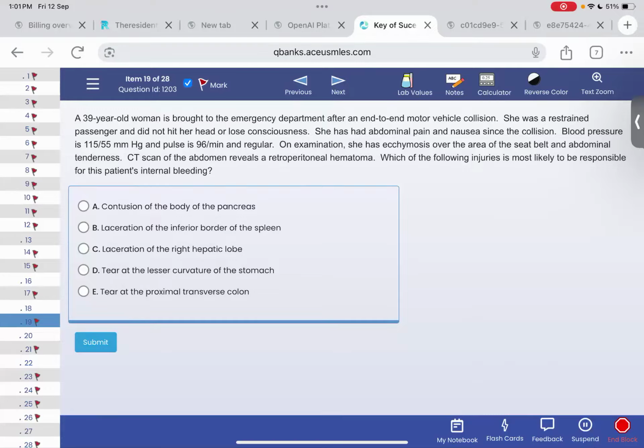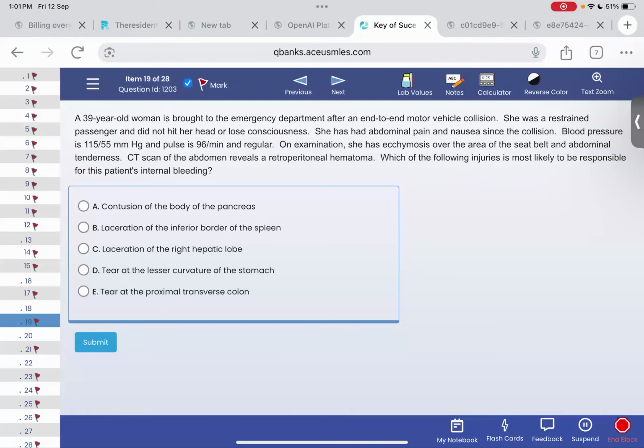She was a restrained passenger and did not hit her head or lose consciousness. She has had abdominal pain and nausea since the collision. Blood pressure is 116/56.5 mm Hg, and the pulse is 96 beats per minute and regular.